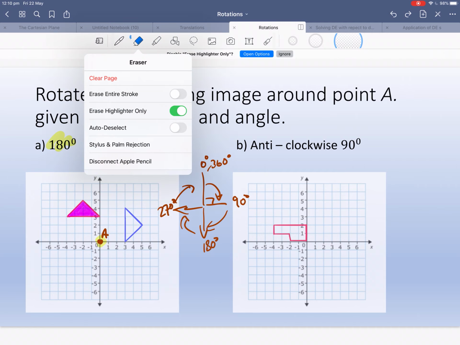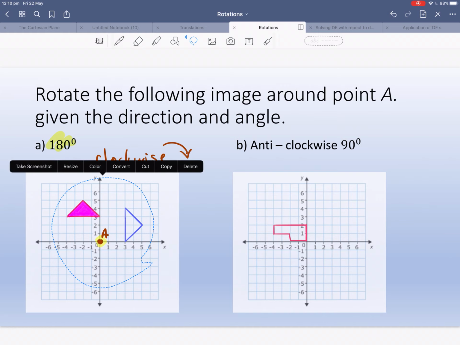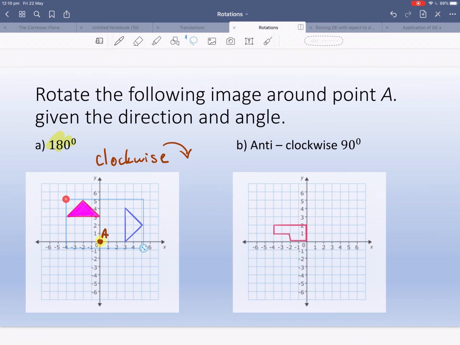Okay, so I'm going to get rid of this stuff here. And I'm going to try something. I'm going to try to move this around the point. So I'm going to try keep A there. I've got this second one as a guide because that one's 90 degrees to the right.